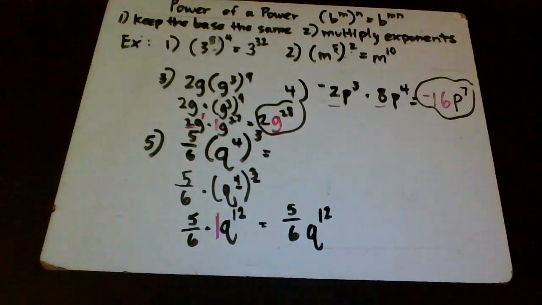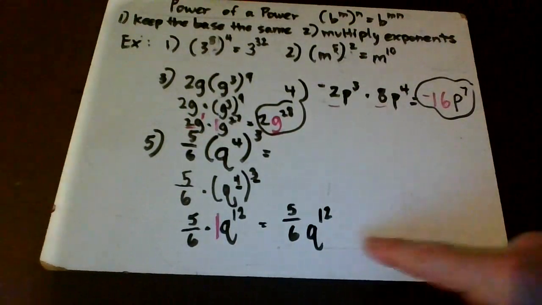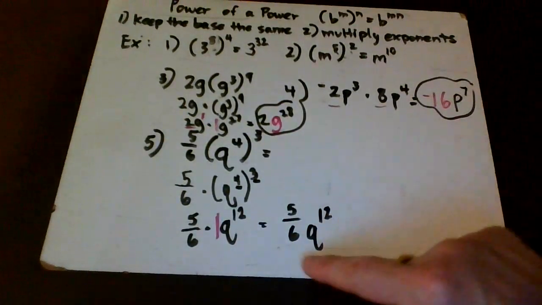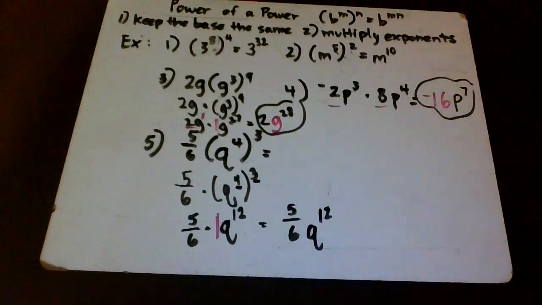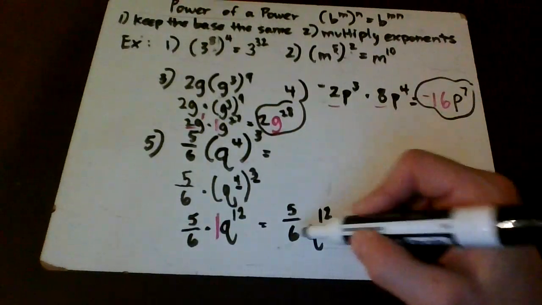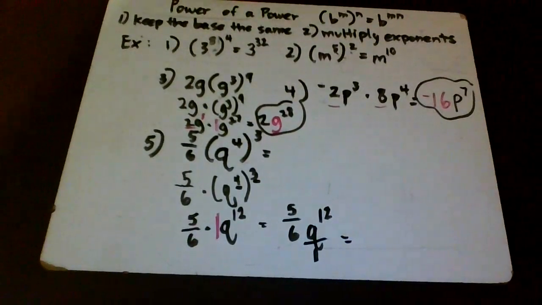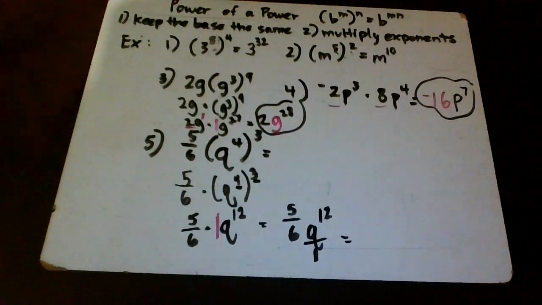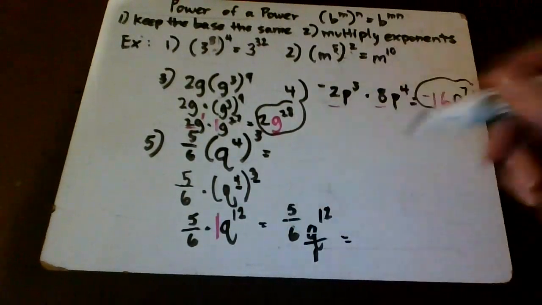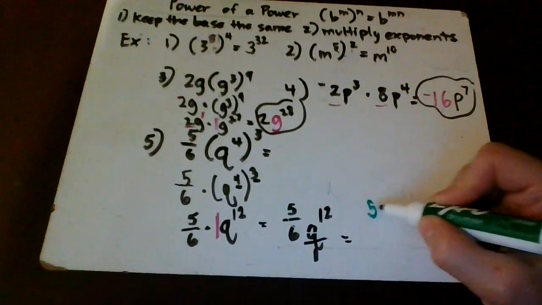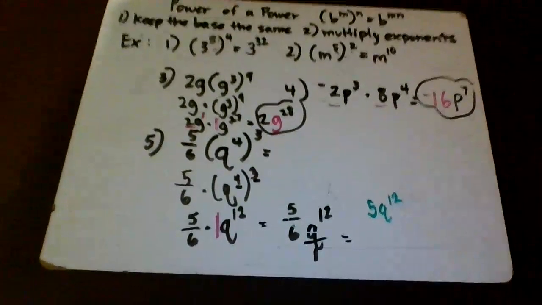Now, you have to be careful because technically this is right, but it kind of is deceiving how it's written. When you have a fraction, this is really like 5/6 and q to the 12th over 1. So if I think about this and I multiply the numerator, I have 5q to the 12th.